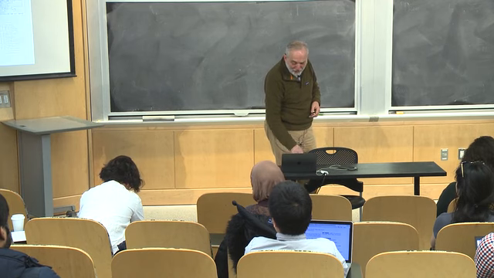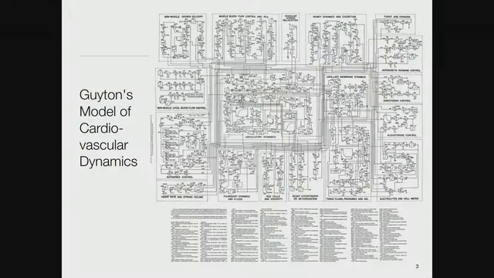Now, just to scare you, here's a lovely model of human circulatory physiology. This is from Guyton's textbook of cardiology. I'm not going to hold you responsible for all of the details of this model, but it's interesting because this is, at least as of maybe 20 years ago, the state of the art of how people understood what happens in the circulatory system.